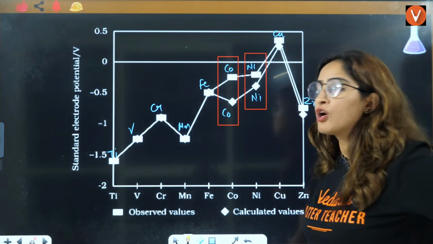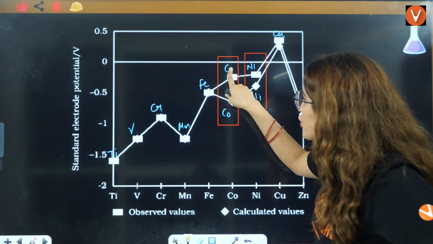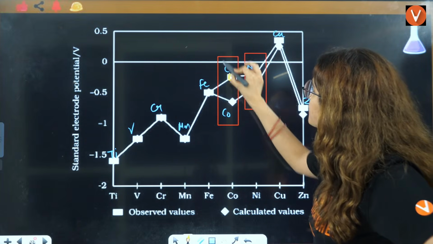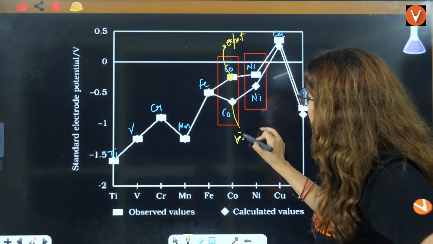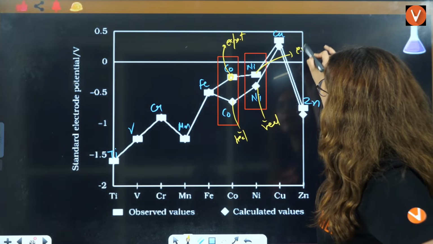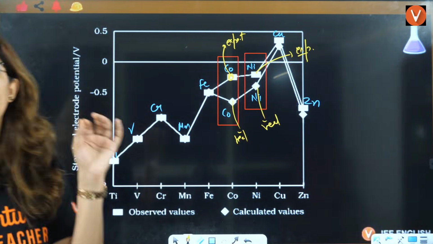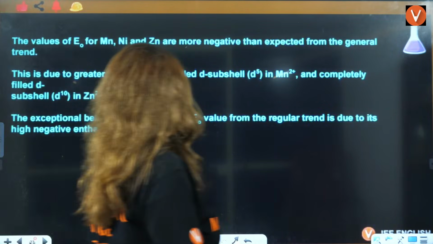So what they have observed is that for cobalt it is different. This was the expected, and this is the real value. Now, why for cobalt and nickel is the expectation versus real different? Let's talk about that.